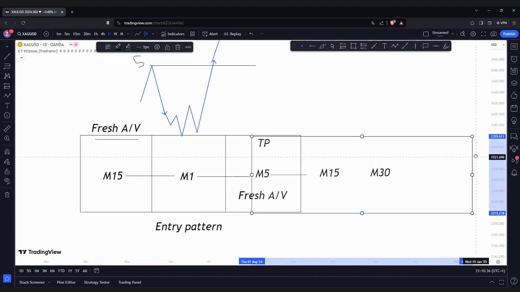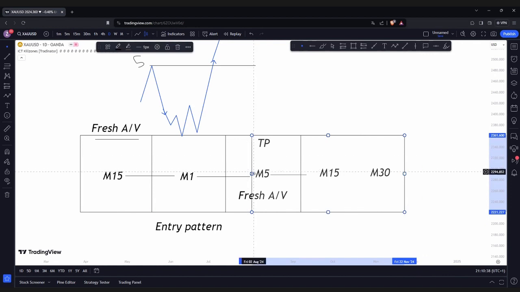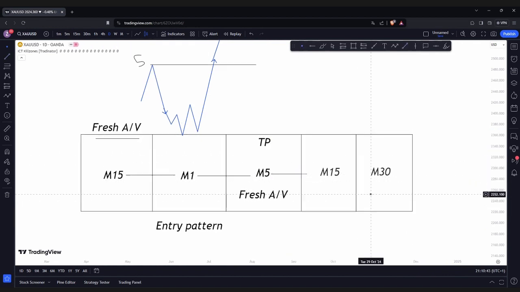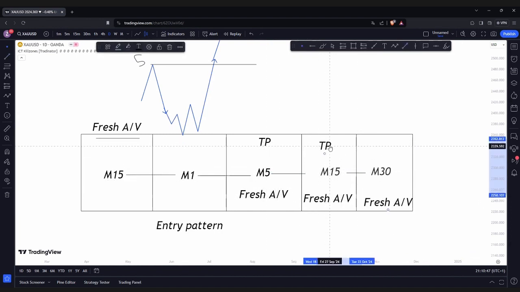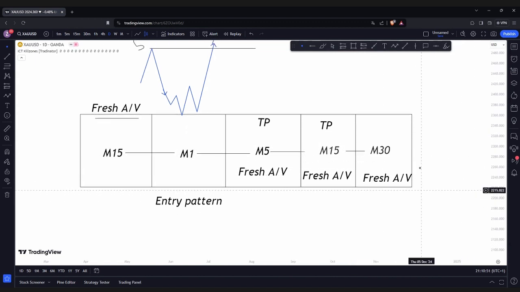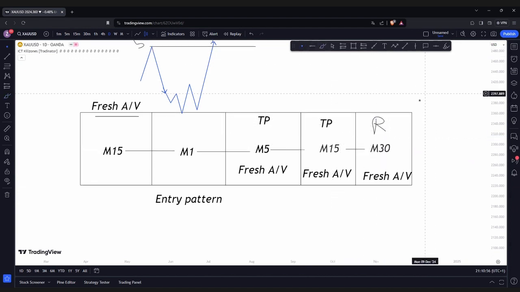Now if M30 breaks, fresh AV. If M30 rejects, let's say this one rejects, you can enter on another trade instantly after TPing from this one.